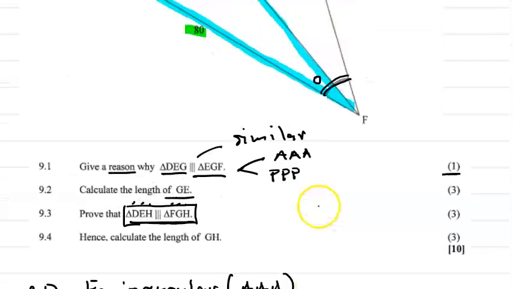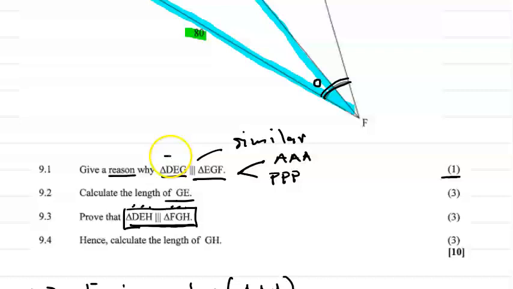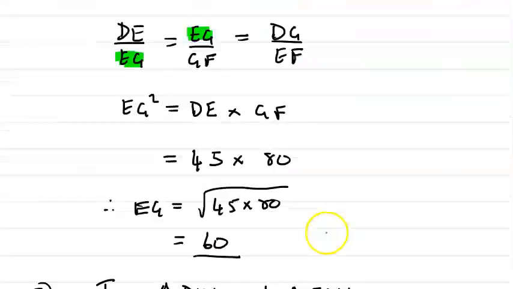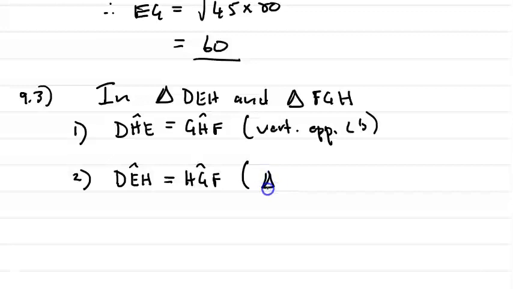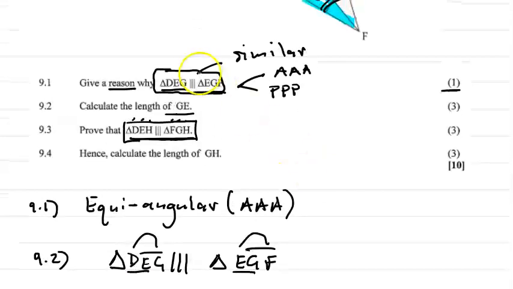Why is that so? Because remember now in 9.1, when we updated our diagram for similar triangles, it was given to us here that triangle DEG is similar to triangle EGF.